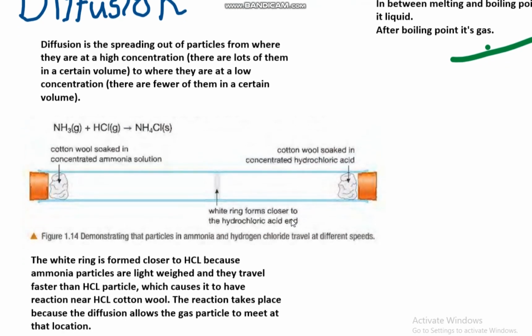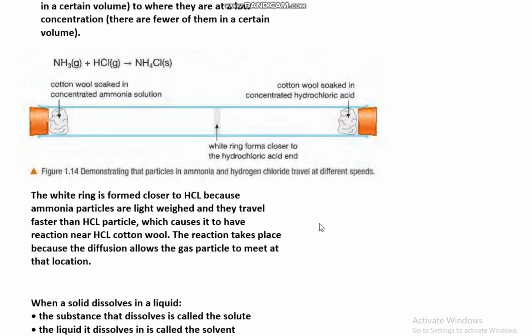Then we have an example through a short experiment, between concentrated ammonia solution and concentrated hydrochloric acid. The white ring is formed nearer to the hydrochloric acid because diffusion allows them to reach there.